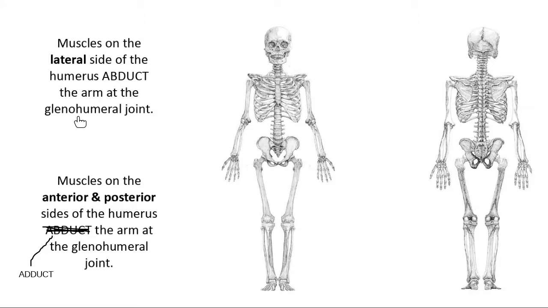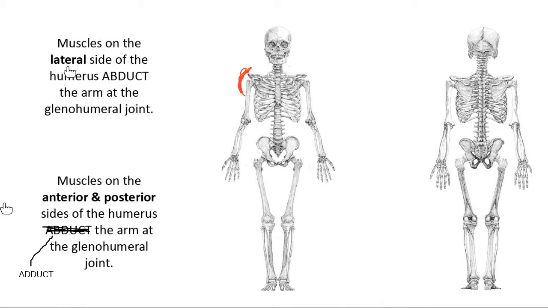When we talk about who does abduction versus who does adduction, it's actually the same rules as we've seen other places. My major muscle that does abduction of the arm, what's the muscle that lives on top of your shoulder? What's the big triangle shaped muscle up top here? Yeah, the deltoid is your major abductor muscle.